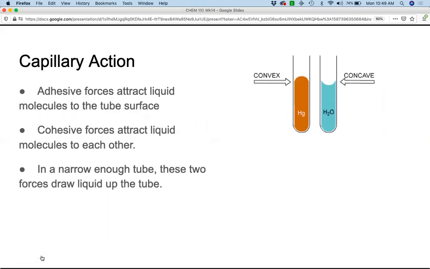Capillary action is another great example of a physical property that we see associated with intermolecular forces. It has this idea that adhesive forces are what attract a liquid to the surface of the tube. If you think about the inside of a glass tube, there's adhesion, or attraction, between the liquid and the wall of the tube.